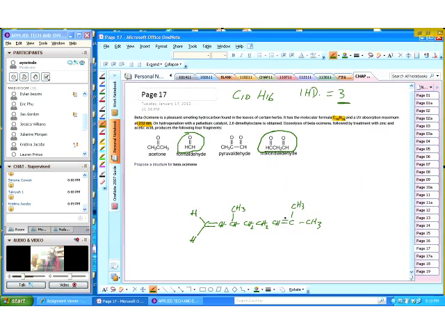If that is going to be the case, keep in mind that we are going to cleave this here, so that will give us a carbon-oxygen double bond here. Therefore, the CH2 must be attached to this. So for me to get this molecule here, the double bond must be here.